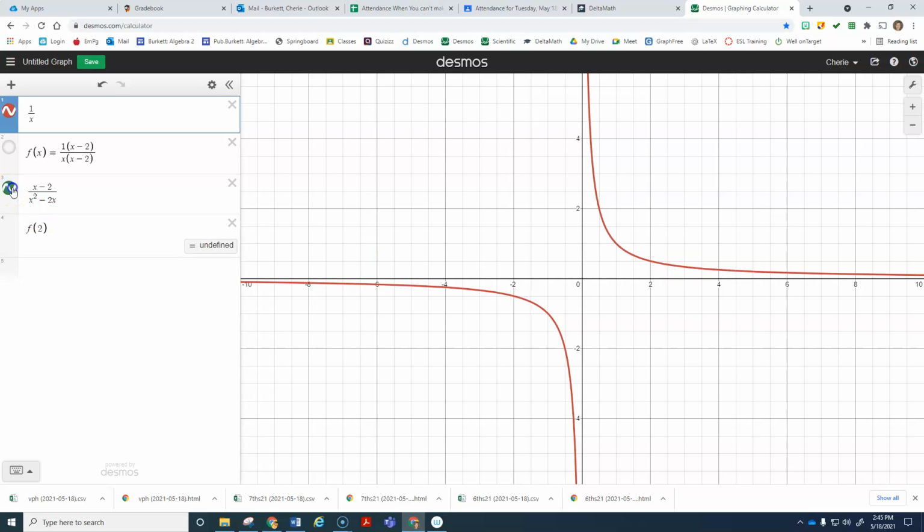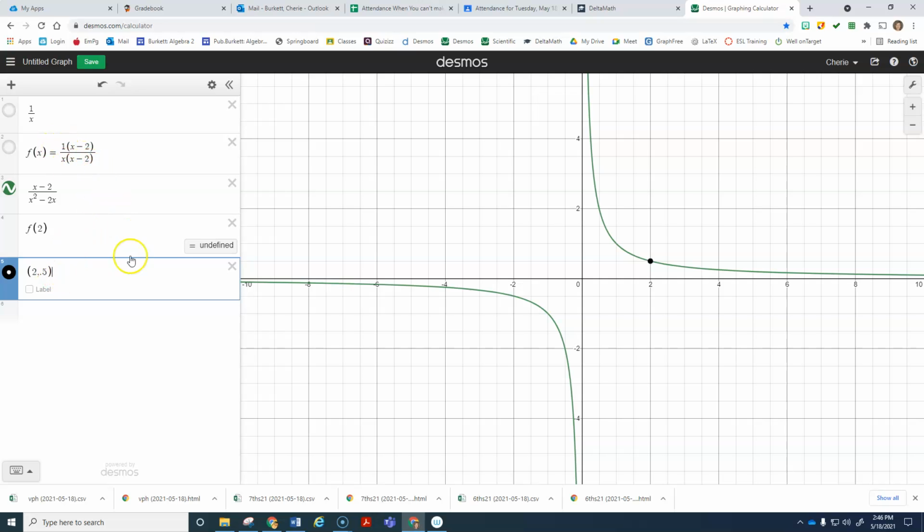And the same thing is true on the green graph. Let me turn the red graph off. In the green graph, if you trace over to x equals 2, it is still undefined. So to show you the location of a hole on a graph, I would physically have to come over here and graph the point, and graph the y value for it. For the graph where you cancel out the x minus 2 and the x minus 2, it just leaves you 1 over x.